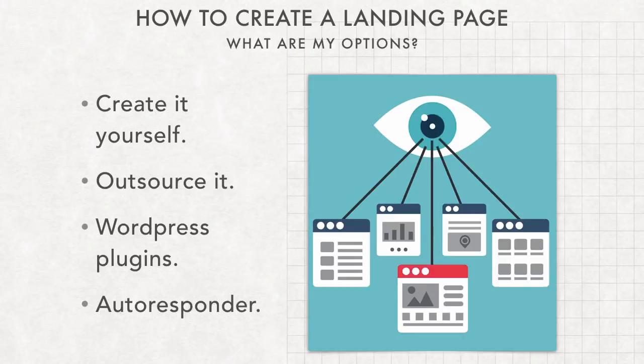Okay, the next option is WordPress plugins. These are plugins that you can buy, install onto your WordPress blog, and create individual standalone landing pages. There's many out there. There's services such as Thrive Landing Pages, which work in a very similar way to the web services options.